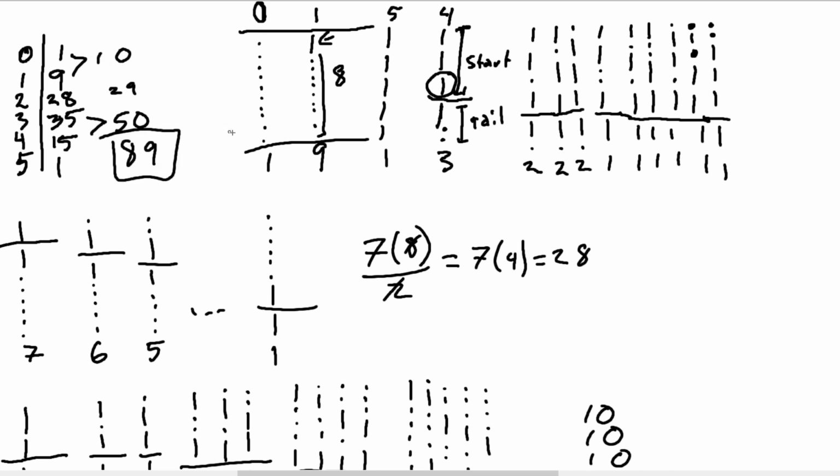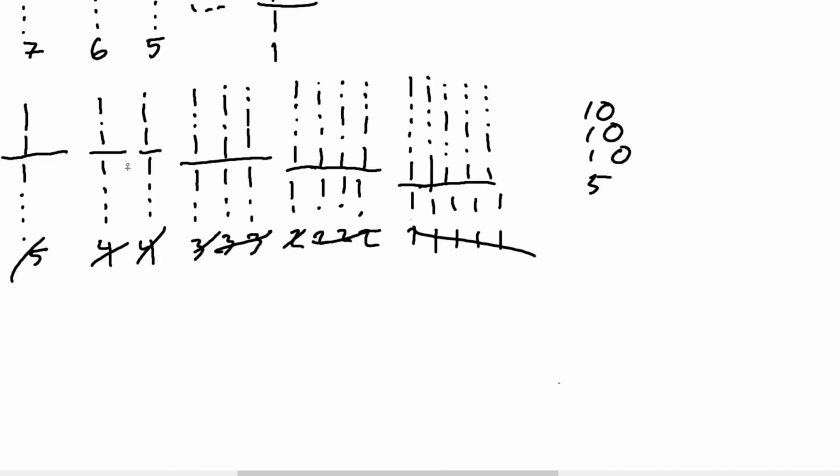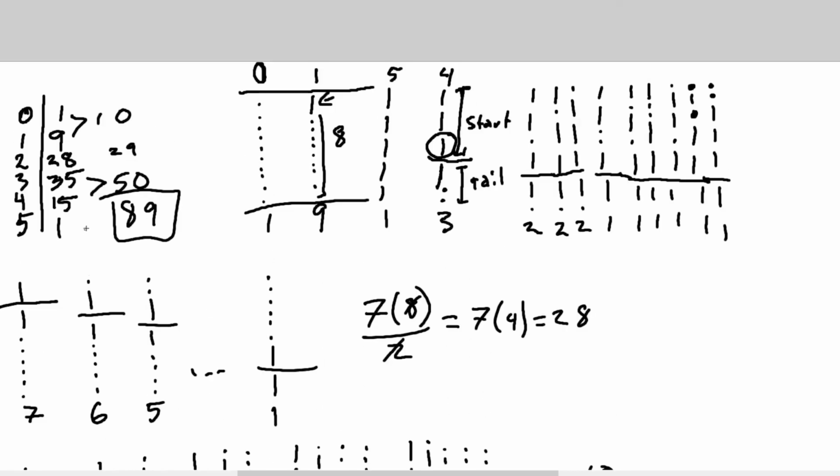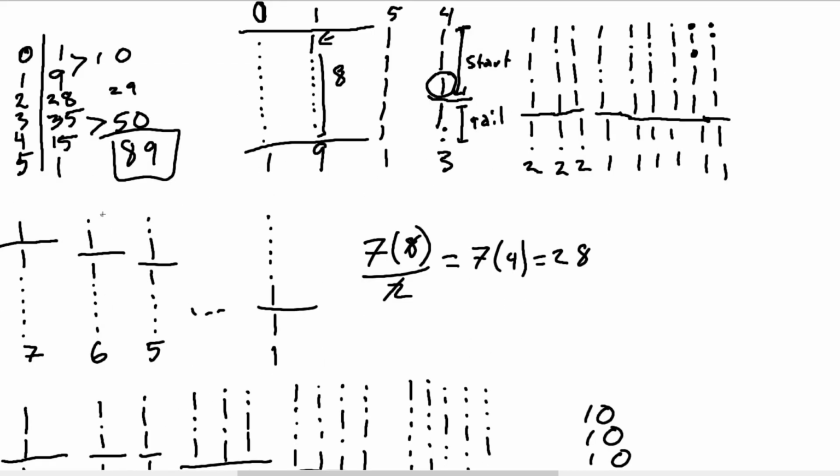Is that right? I think that's right. 89 is a weird number. Anyway, so that should solve the problem. I hope I didn't make any mistakes with that, but I don't think I did.